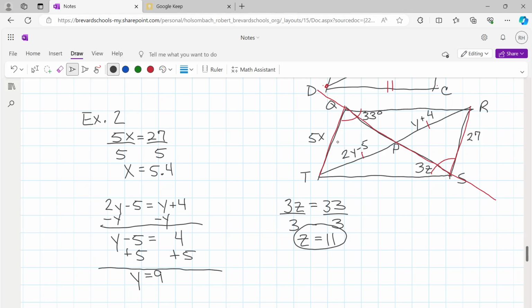If you're solving for side lengths, opposite sides are congruent. If you have diagonals, diagonals bisect each other. So the little pieces inside the parallelogram are congruent to each other. They're not all equal to each other, but in each diagonal, the two smaller pieces are equal to each other.